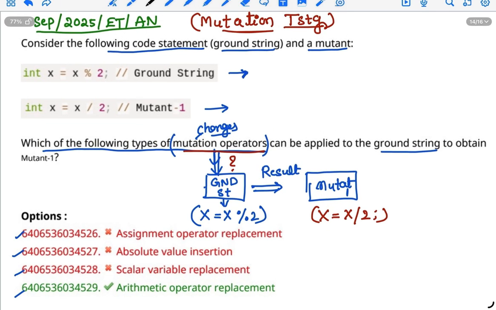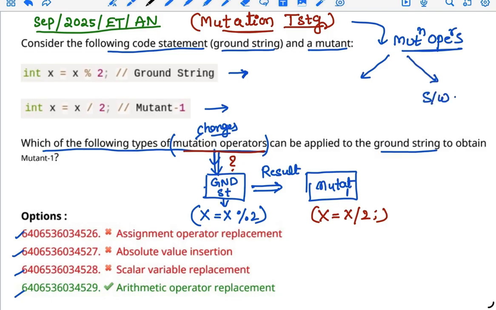In mutation testing, there are two types of mutation operators. One is program level and the other one is software level. Software level is integration testing.